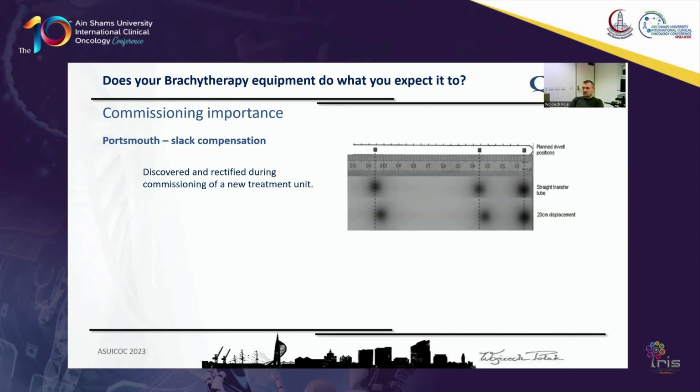So, for example, that was one of the first tests that we've done in one of the HDR units, and we discovered that during the source position dwell change, it doesn't change according to expectation. So we were supposed to move them in known distances, whereas when we checked them on a film, they were not exactly in the places we were expecting.